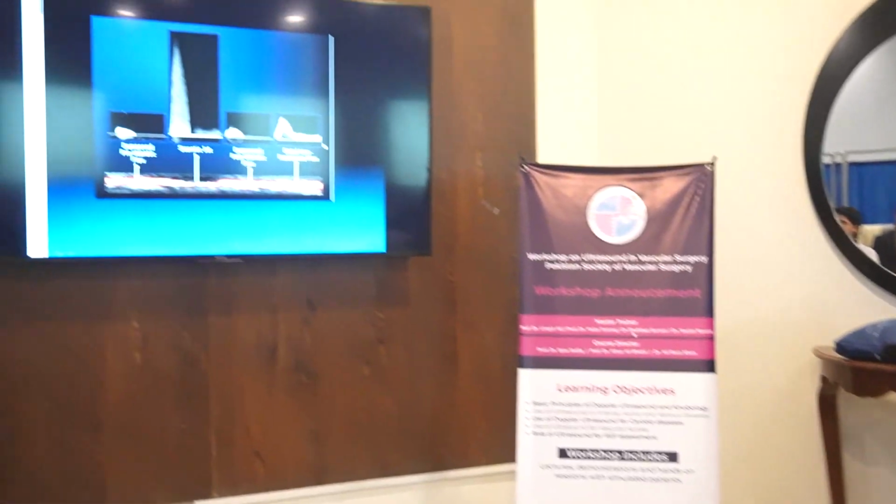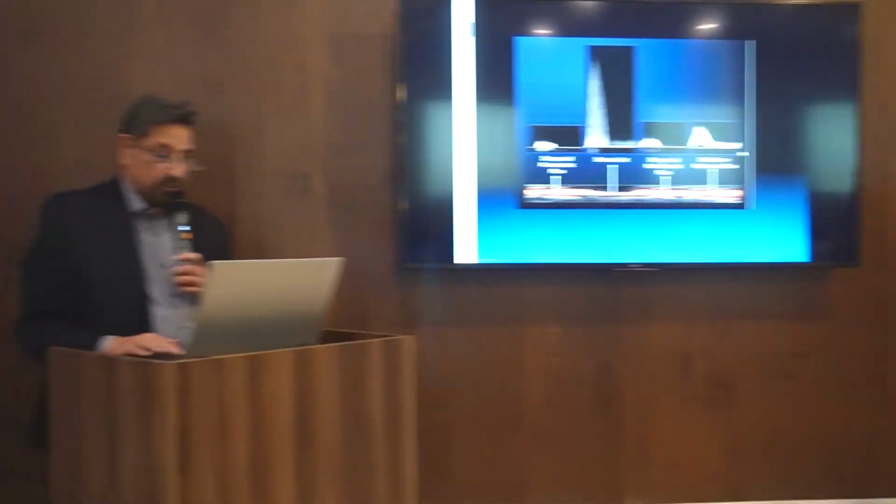That's the screening procedure. If there is that tardus parvus, a slow upgoing wave, spectral broadening, and no triphasic waveform, then they start performing the exam from the aorta to the dorsalis pedis, otherwise they won't. That was a screening program once conducted in European countries. I don't know whether it's still on or not.